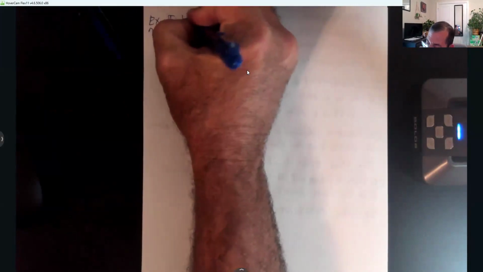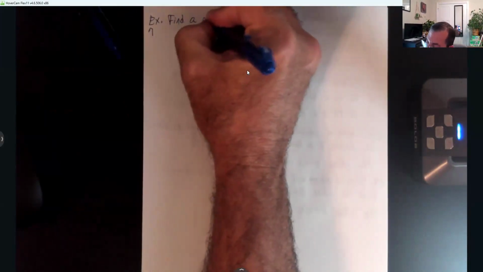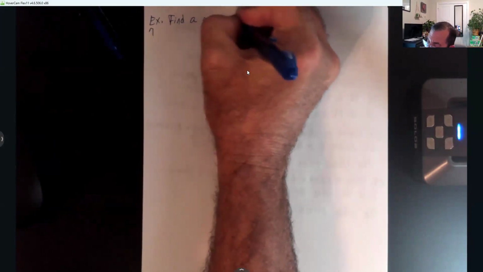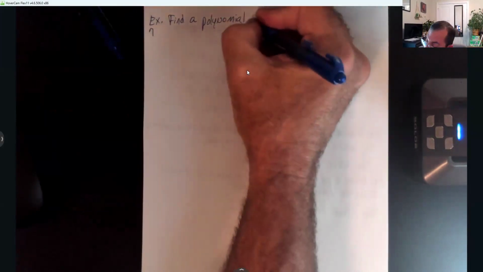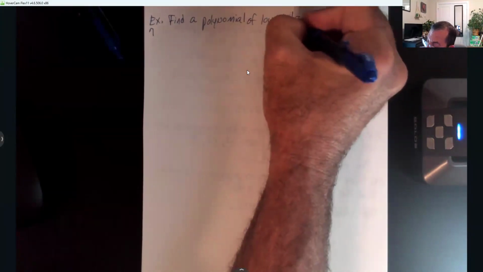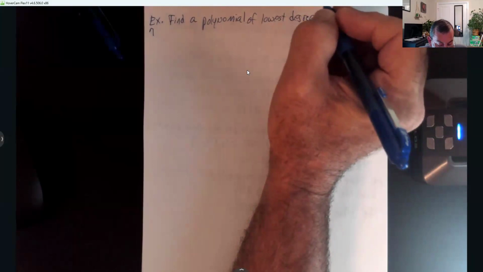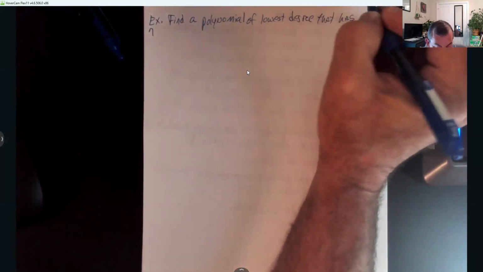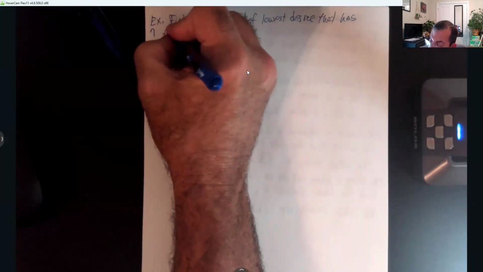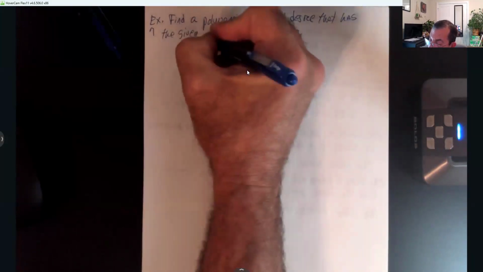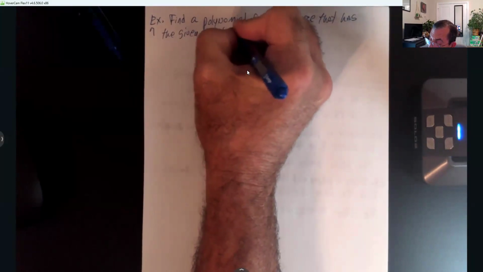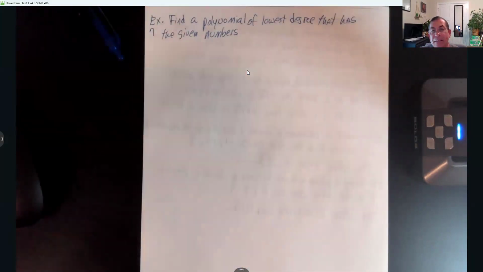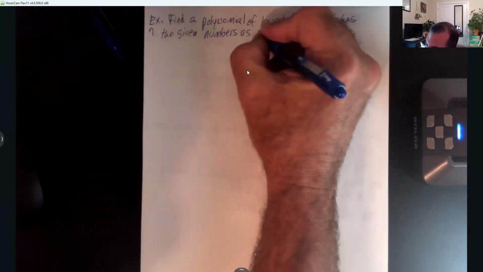But y'all look at this. They want us to find a polynomial of lowest degree that has the given numbers as some of its zeros.